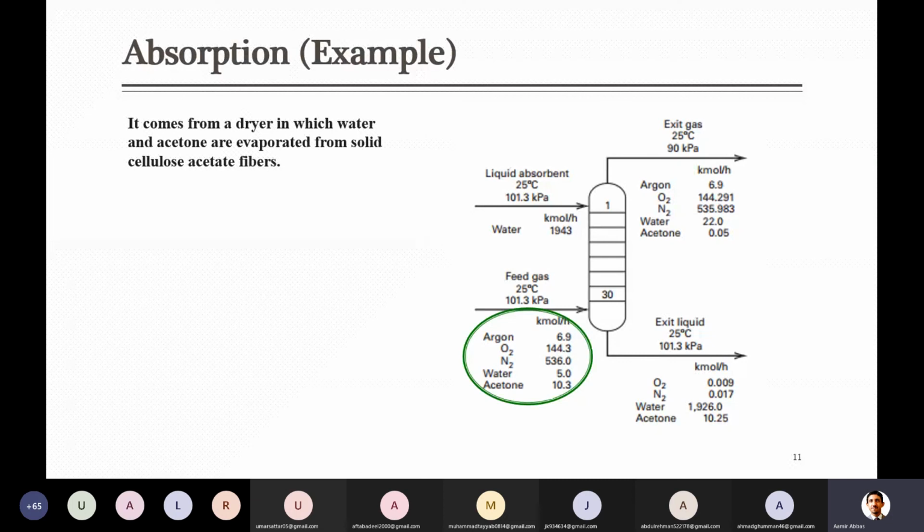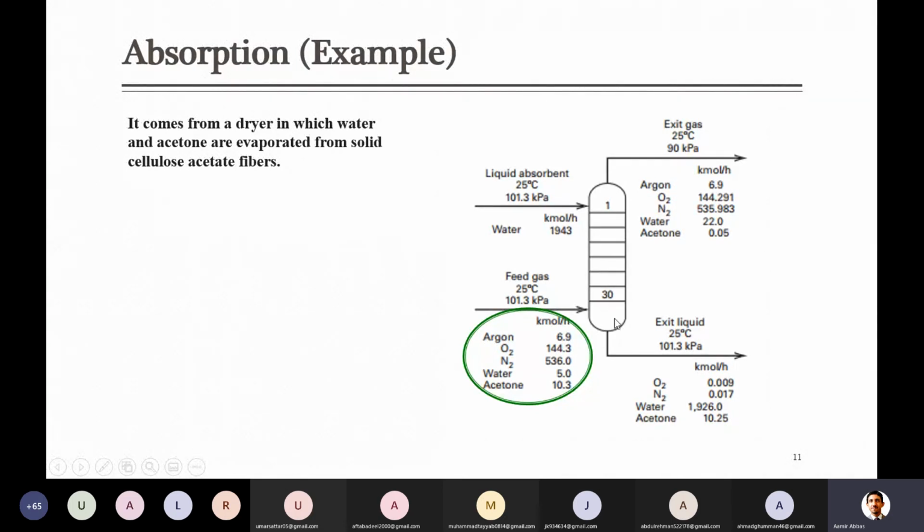So let's look at one other example, related to air which is carrying water and acetone. As you can see in this diagram, the highlighted part is the gas stream entering an absorption column.